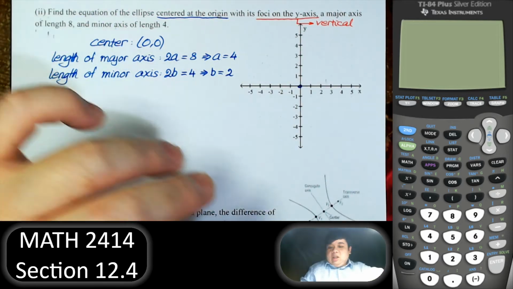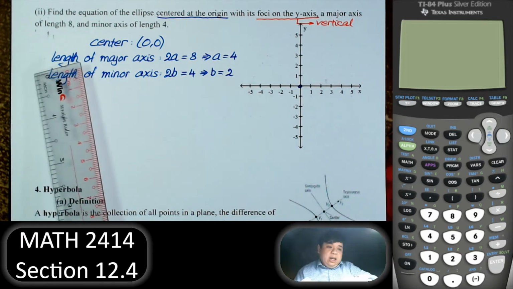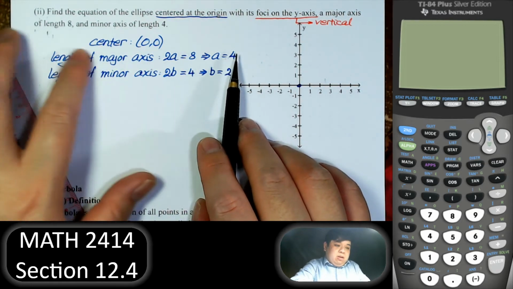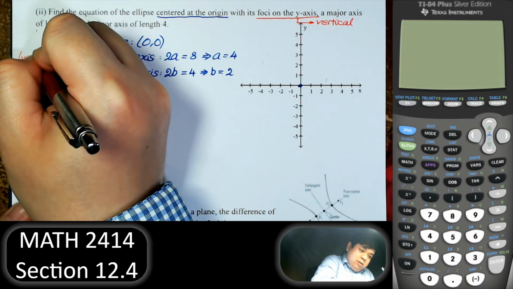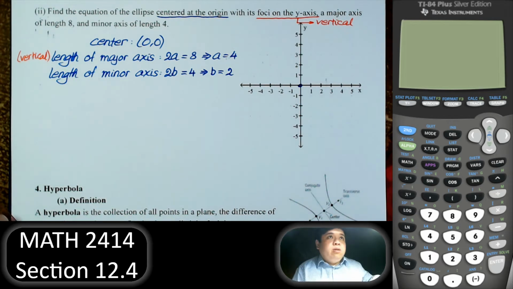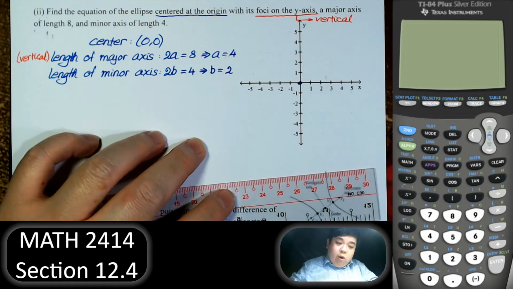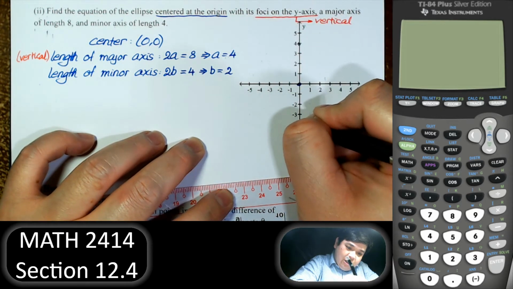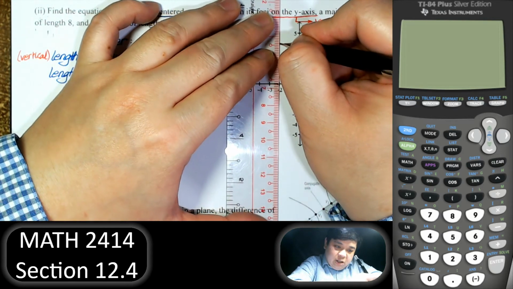Right, so based on that, on the graph, we know this is going to be vertical, so we go 4 up and 4 down. The major axis is going to be vertical as well, because this is a vertical ellipse. So we go 4 up and 4 down, and 2 left and 2 right. Draw the box first.